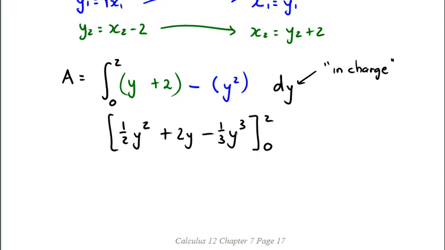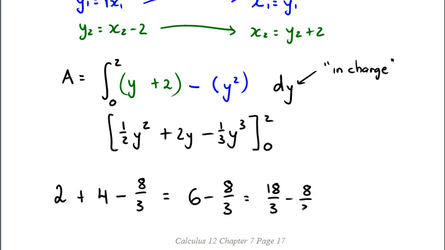Putting the 2 in, 2 squared is 4, half of that is a 2. Putting the 2 in here, we're going to have a 4. Putting the 2 in here, 2 cubed is 8, so minus 8/3. Hey, we're pretty much done. This looks like a 6 minus 8/3. That's going to be like 18/3 minus 8/3, 10/3. So of course it's the same answer.